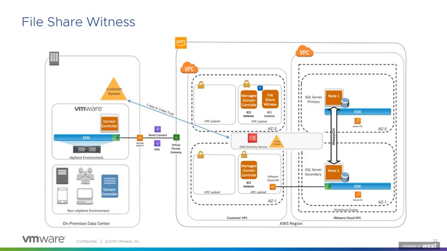I'm showing the file share witness simply in AZ3, but if you use FSx, it would span AZ3 and AZ1. Or you can just set up a file share witness on just an EC2 EBS volume. Either one of those will work. So at this point, you essentially have Always On with your primary, your secondary, and your witness.